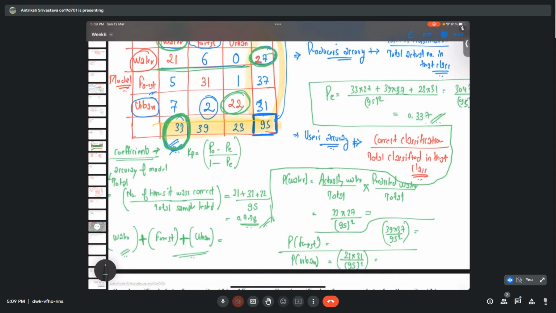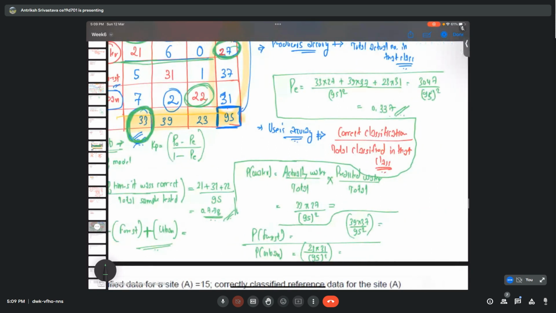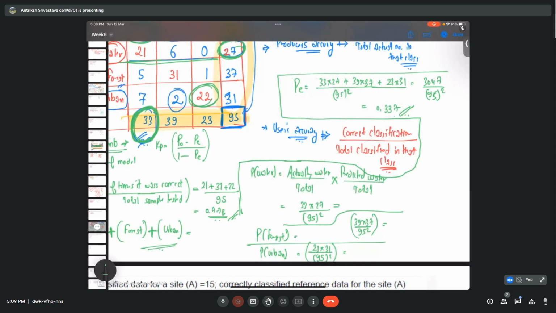So what is the kappa coefficient now? We know P naught is 0.778. We know PE is 0.337. So what is the kappa coefficient? It is 0.778 minus 0.337 divided by 1 minus 0.337. So can you tell me the kappa coefficient? 0.441 divided by 0.663.